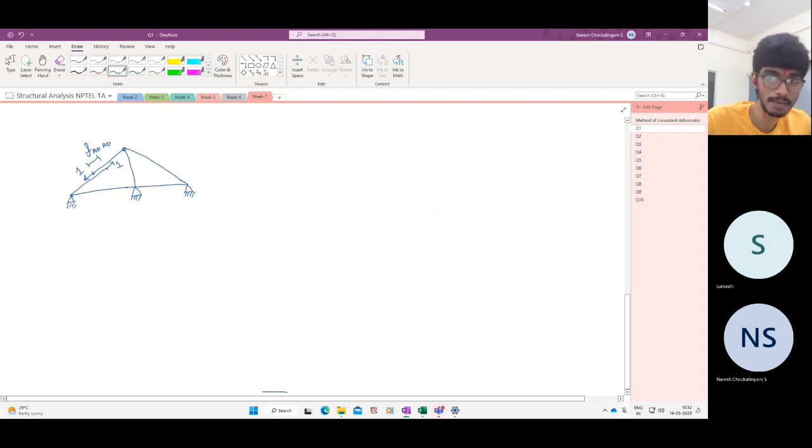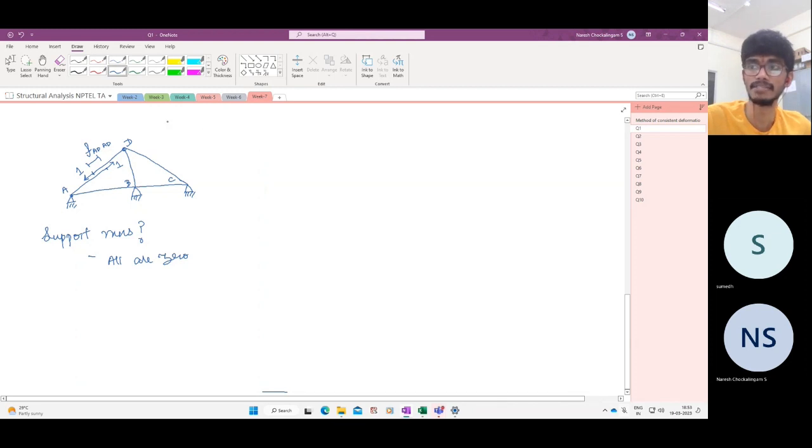Now, do I need to find the support reactions to solve this truss? Do you think there will be any support reaction at all? No, all the support reactions will be 0. Why? Because this is a pair of equal and opposite forces acting along a line. Since this system of forces is self-equilibrating, there will be no support reactions at all. There is no externally applied load.